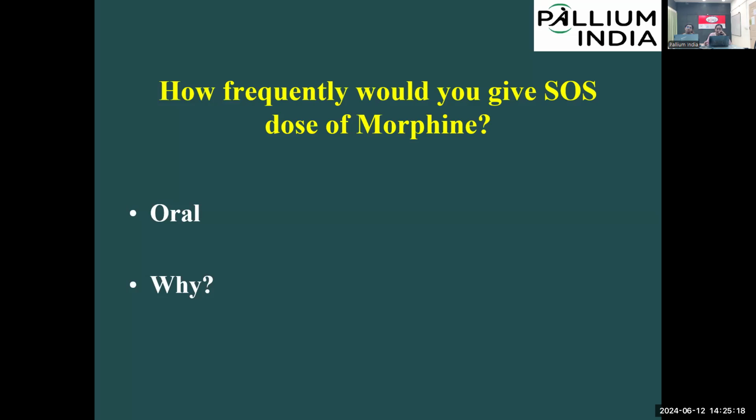Once after 1 hour, if the pain relief is still inadequate, we can think about giving an additional dose of morphine again. But we need to watch for the toxic effects, and there should be a gap of at least 1 hour between each dosing.